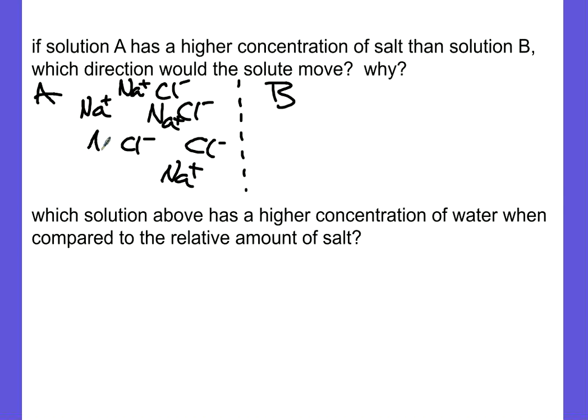Doesn't really matter how I put these in, I'm just trying to kind of do it randomly. So lots of little ions floating around, it's very concentrated. Whereas solution B has a very low concentration. There's one sodium ion and there's one chloride ion. That's it.